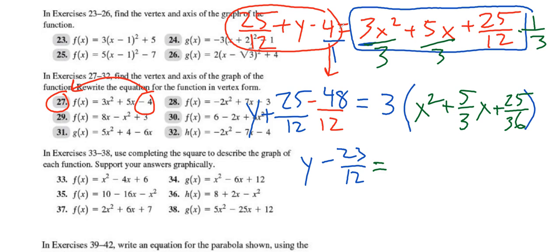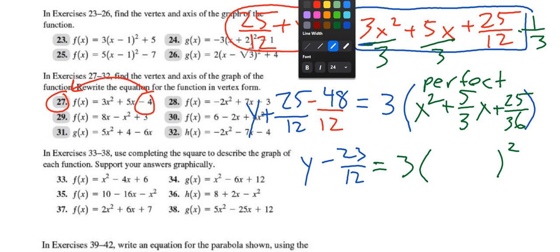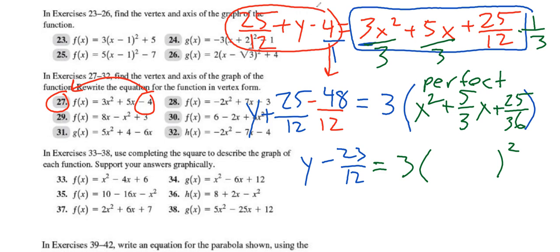Now, this thing right here is a perfect square. What is it the perfect square of? This is where kids get frustrated, but what did we do with this number in order to find this one?